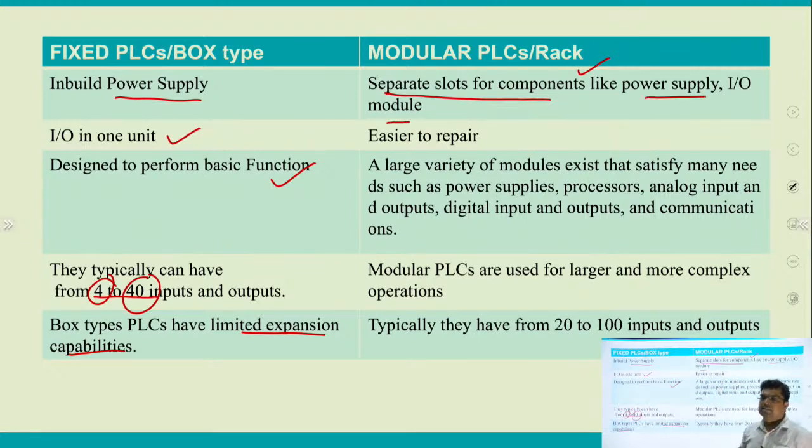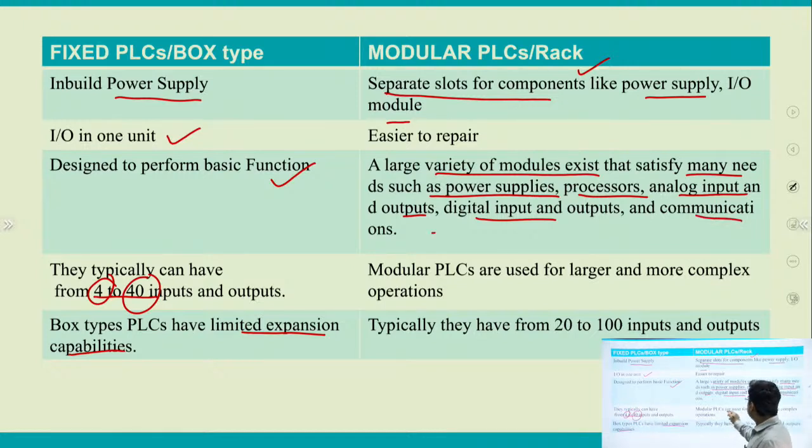We can increase as much as we need; in one module there can be more inputs and outputs. As the system gets very large for large industrial purposes, racks are added accordingly. A very large variety of modules exist to satisfy many needs such as power supply, processor, analog input and output, digital input and output, and communications; we can add them.